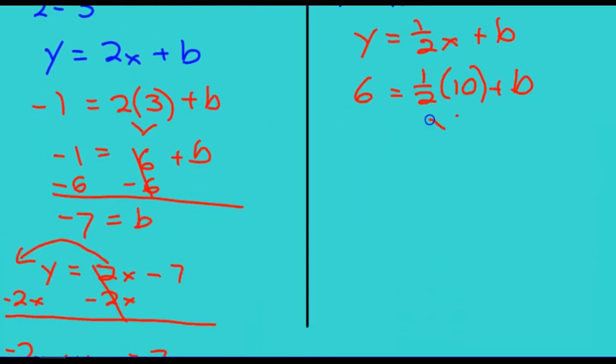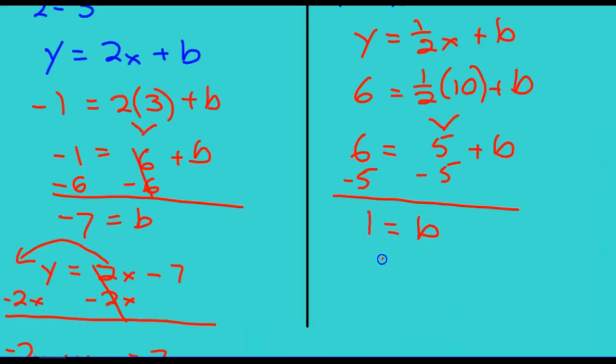Half of 10 gives us 5. So I'm going to subtract 5. And 1 equals b, or b equals 1. So y equals 1/2 x plus 1.